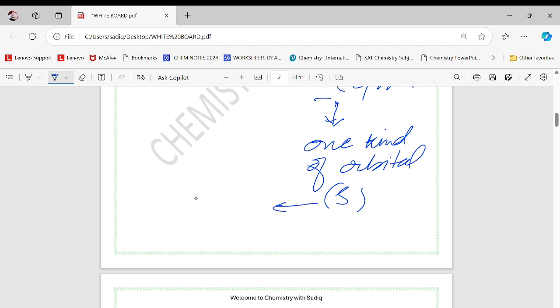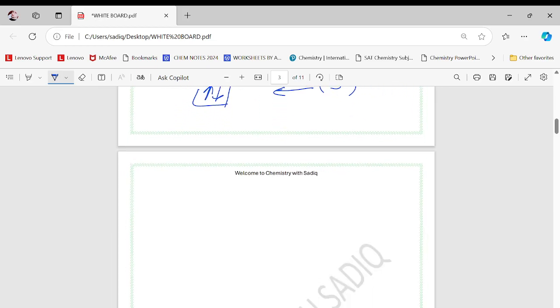There can be a maximum of 2 electrons in the S.